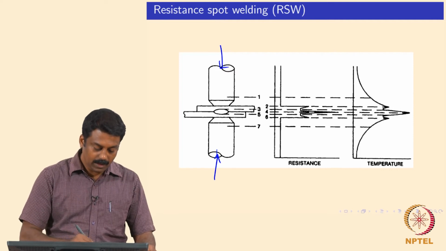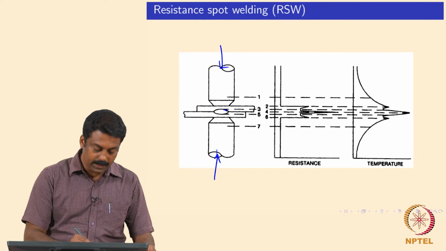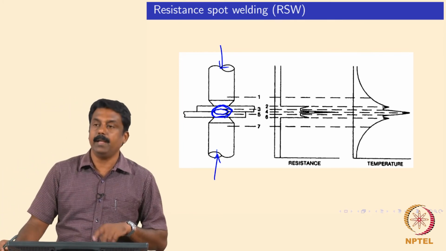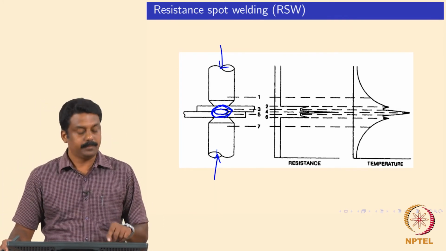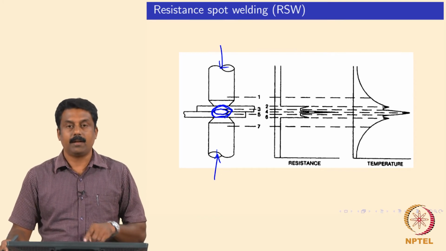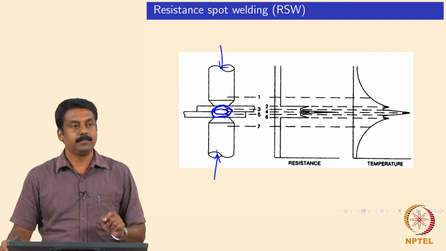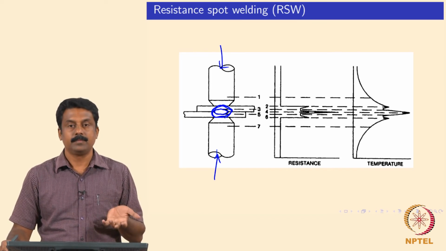You pass a current and simultaneously you also apply a load, and then you start melting at the interface, and then the interface would grow and make a continuous weld joint. So, now the size of the weld is determined by the thickness, right, and the contact resistance, as well as the load you apply and the welding time, right.